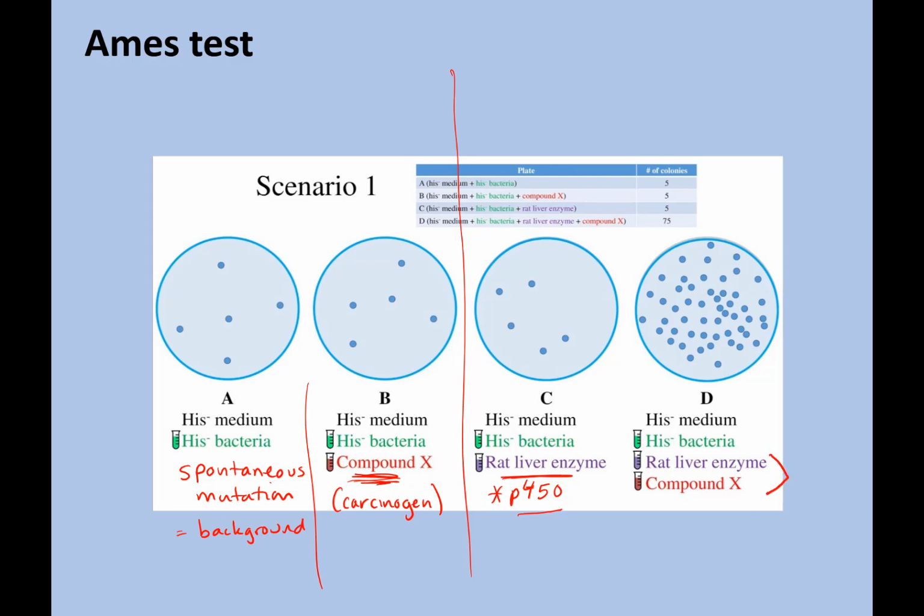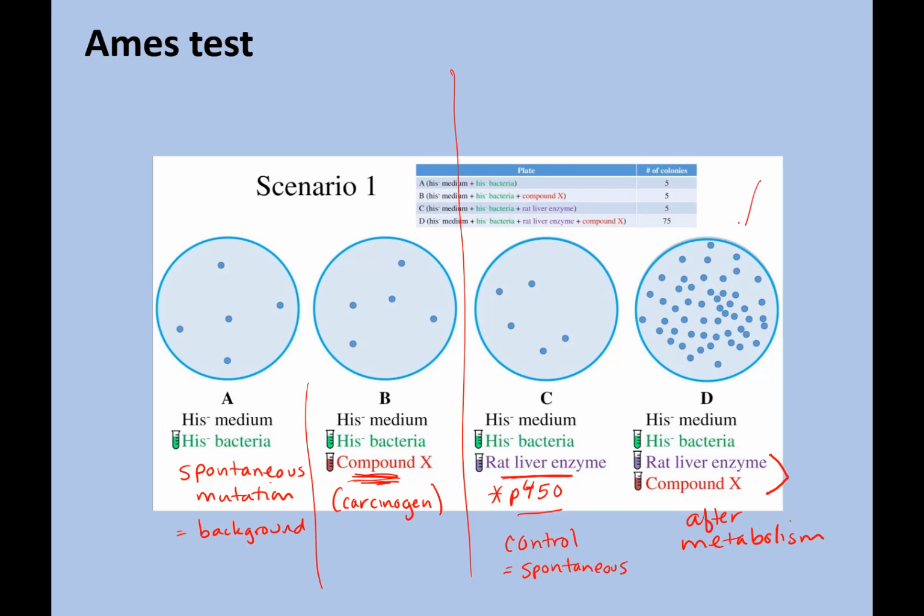One with compound X and rat liver enzyme, which says if after metabolism does compound X cause mutations, right? So again, this is your control for spontaneous background levels, and this is your test.